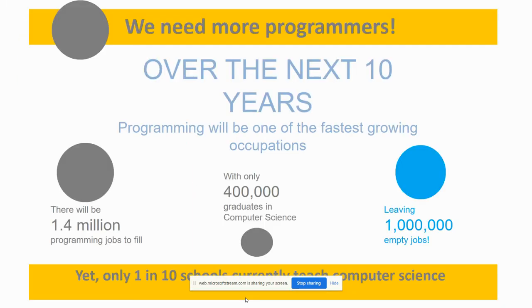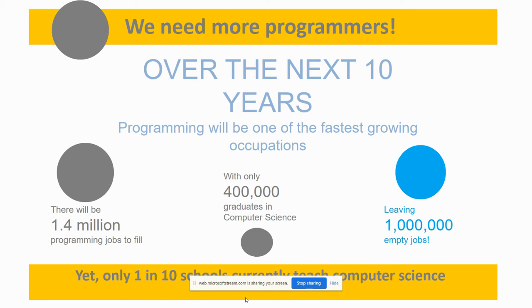So these are some of the reasons then of why to take computer science. Over the next 10 years, programming will be one of the fastest growing occupations. 1.4 million jobs, only 400 graduates. So there's a million jobs. As business is developing and everything is moving online, virtually, digitally, everyone needs programmers to design those programs for them, and only 1 in 10 schools currently teach computer science.